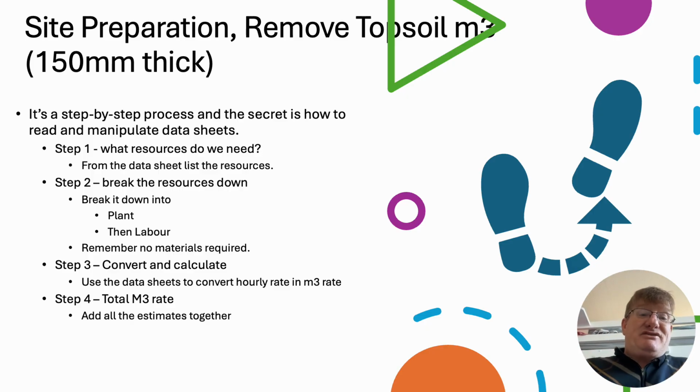It's for LO3, I believe. I'm not 100% sure which pass it is, but it's one of the passes. Remember, we've got to try and get these passes as well as the merit and the distinction. So that particular pass criteria is covered there.